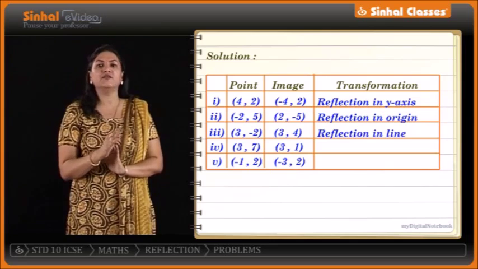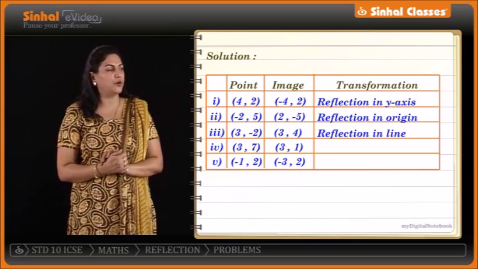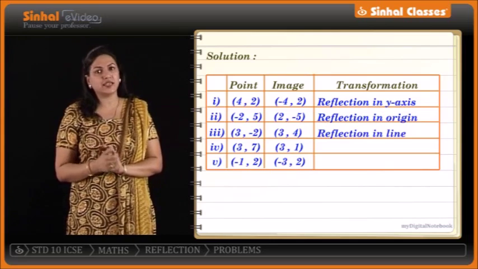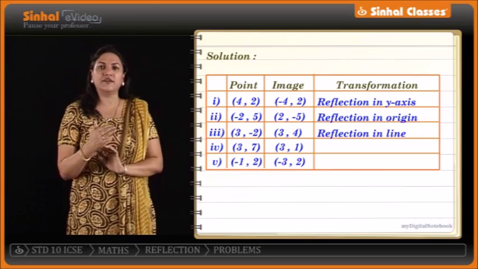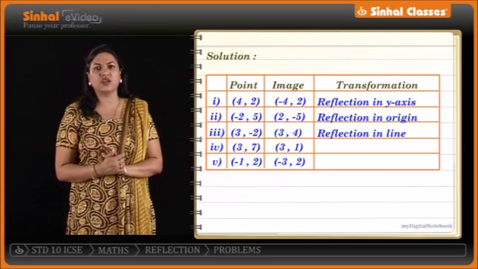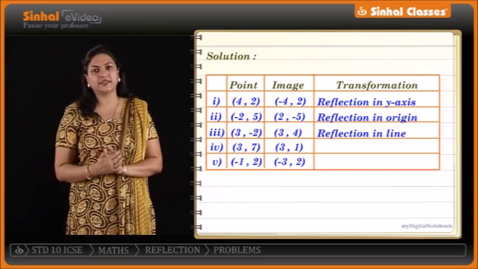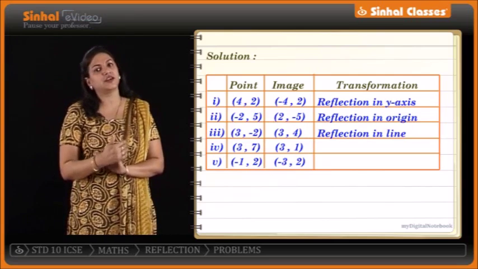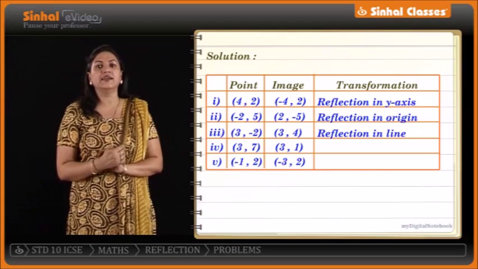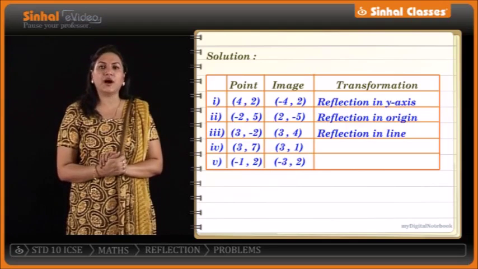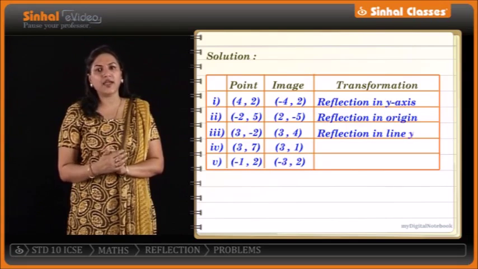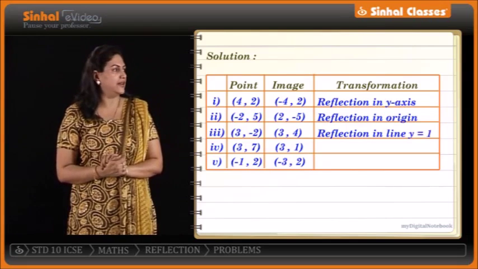Let's see that. We take the difference of these two points, that will be 6 units. Now divide that by 2, that is 3 units. So each of these points should be at a distance of 3 units from the line. So we will get the required line as y equals 1.